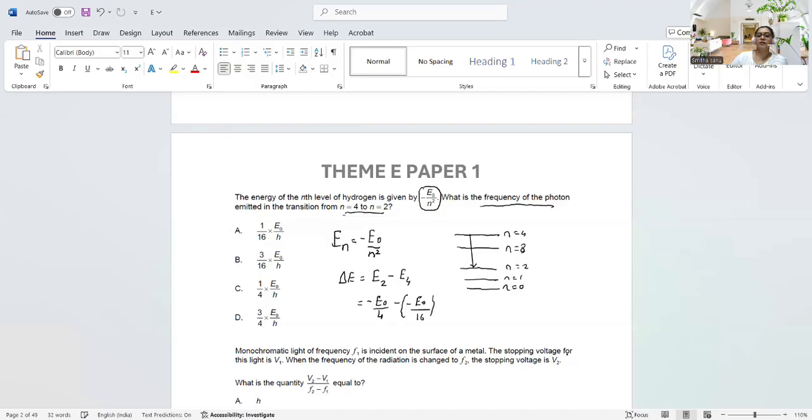So if I open this bracket, it should be minus E0 by 4 plus E0 by 16. Multiply by 4 up and down. This will give you minus 3E0 by 16.